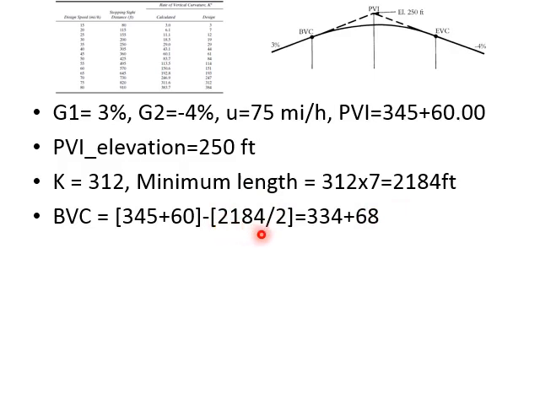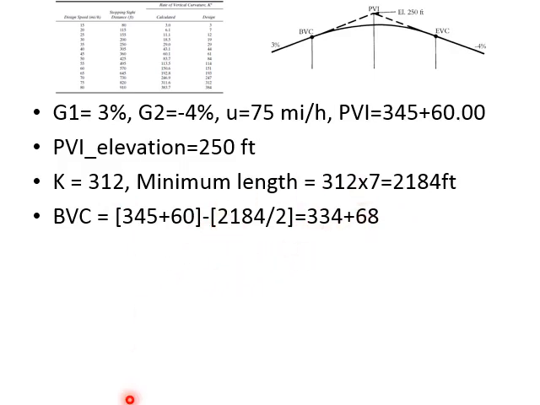And now remember, each station is now 100 feet because we are in feet units. So divide 2184 by 2, you will get half of the length, and then you separate the complete 100 feet and subtract it from 345 and the remaining from 60. So you will get 334 plus 68 stations.